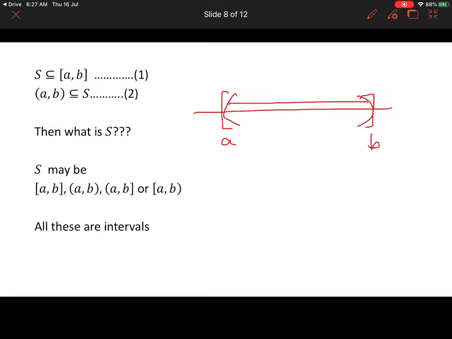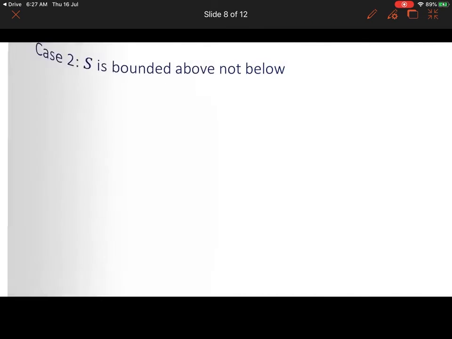Now we got S is either the open interval AB or the closed interval AB or half closed AB, and all these are intervals, so S is an interval. So case 1 is over.